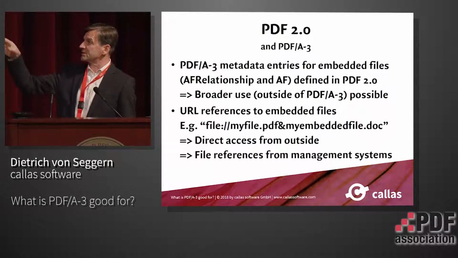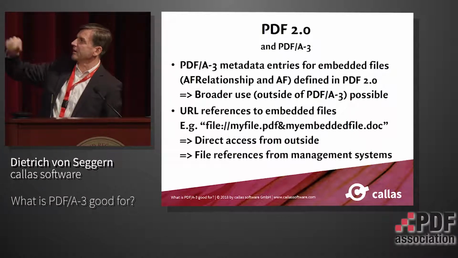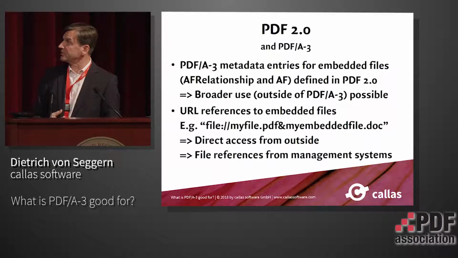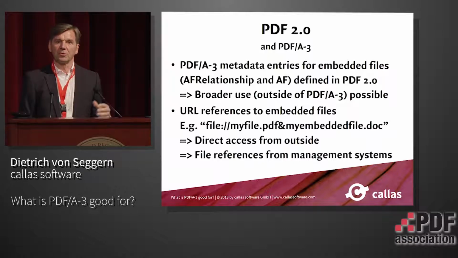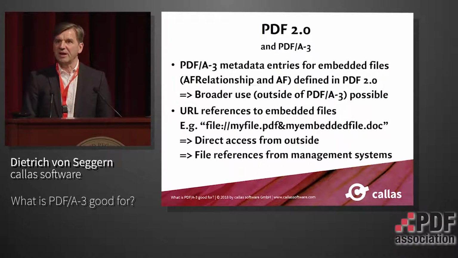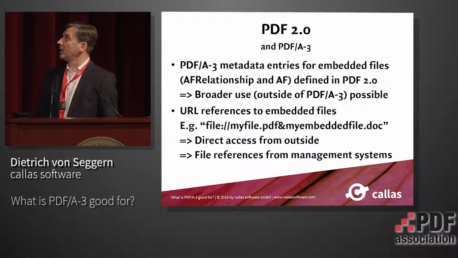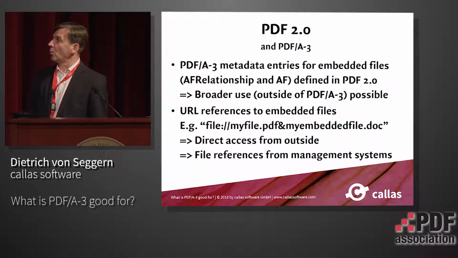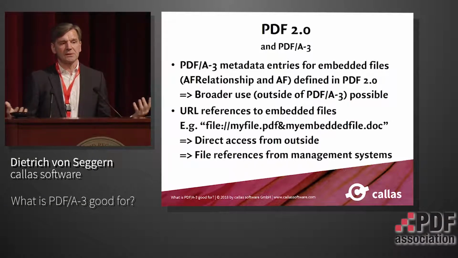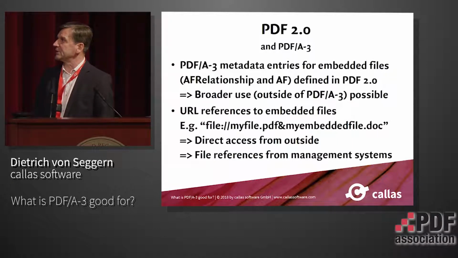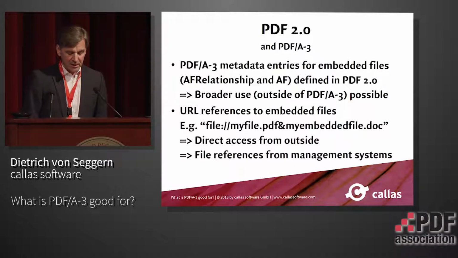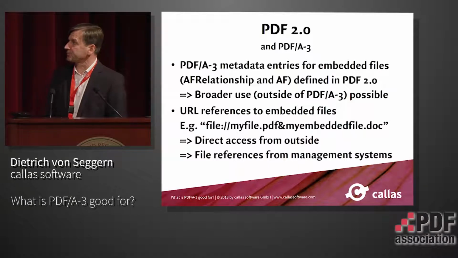So all these metadata entries, the AF relationship entry, the AF entry, are now also defined in PDF 2.0. They have been invented for PDF A3, but they are now part of the much bigger PDF 2.0 standard, which means the likelihood that these metadata will show up even outside of PDF A or PDF A3 has increased.